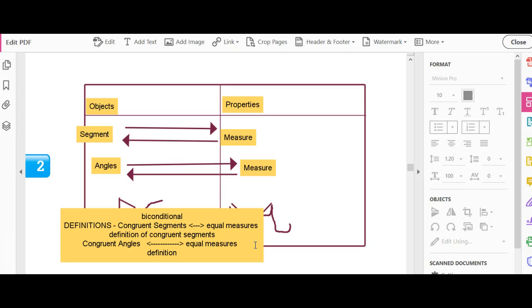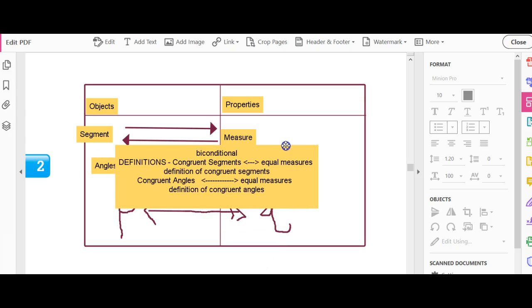When I'm saying the object is congruent, then the measures must be equal. That would be the definition of, in this case, congruent angles. And this would be true for really any object. If I've got congruent triangles, then their measures must be equal, because that's what it means.